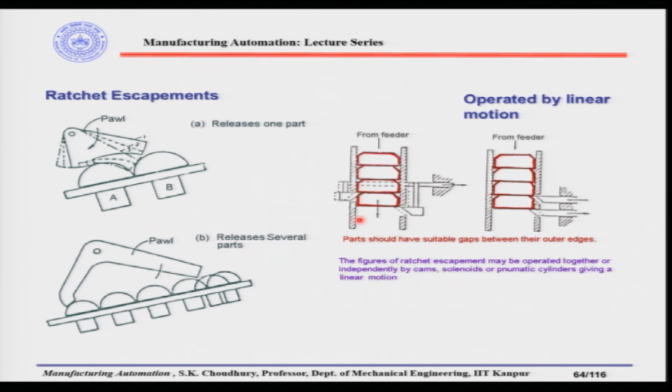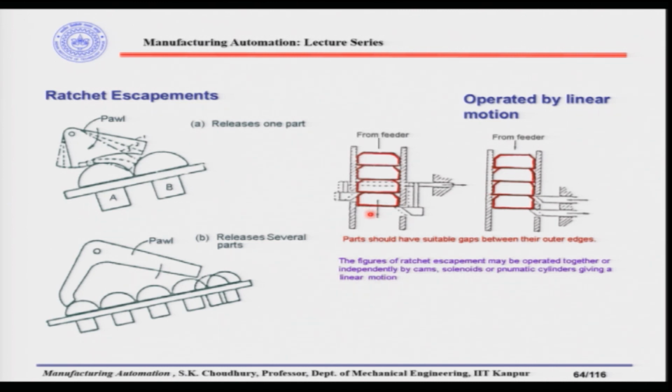Look at this design, for example, which is operated by linear motion. These are the parts which are coming from the feeder and going to the assembly machine. Here there is a lever, and as you can see, if it is pulled to the right, then this lever will go in and this lever will go to the left side.